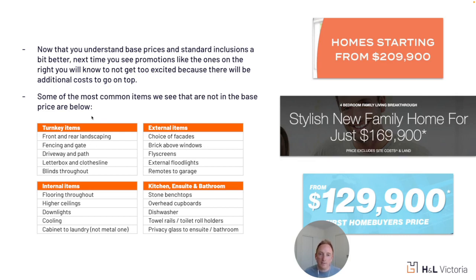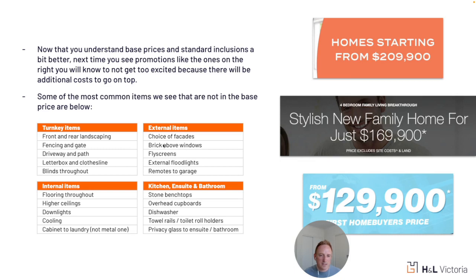Obviously, turnkey items are something that most people do after handover if they pick most builders. We like to include all that as well, but by no means are we encouraging you to choose us. It's just that some people prefer turnkey and some don't. So if you don't have turnkey, look out for these things. They'll cost you extra, so save up the money and get those done after handover.